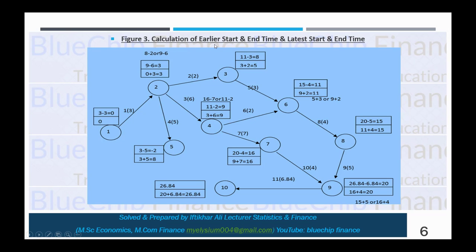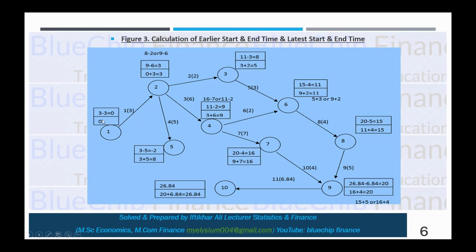So two steps we will calculate here. In the previous video I discussed in detail how we can calculate the forward pass and backward pass. First of all we focus on the lower rows and just ignore the upper rows for the moment. So we start from 0 when we calculate. First of all we will calculate the forward pass time.